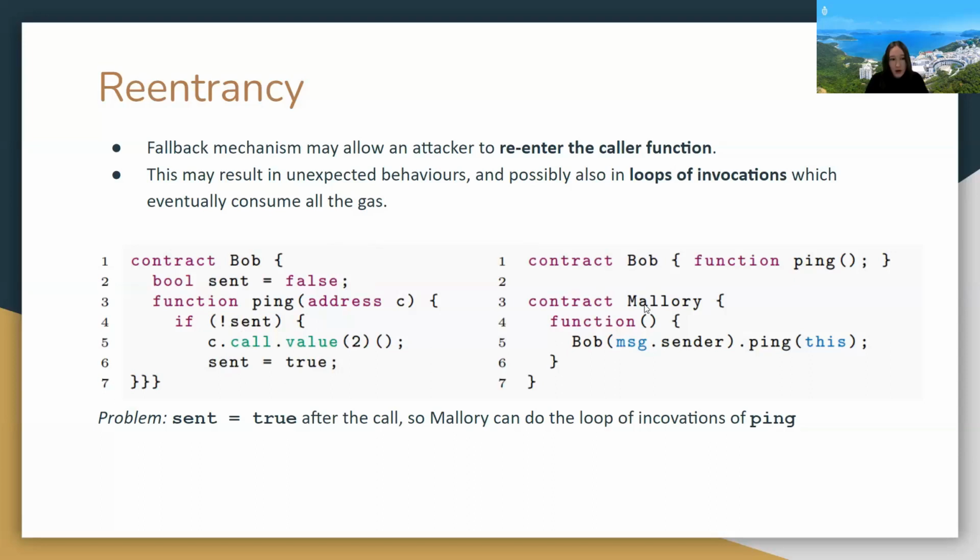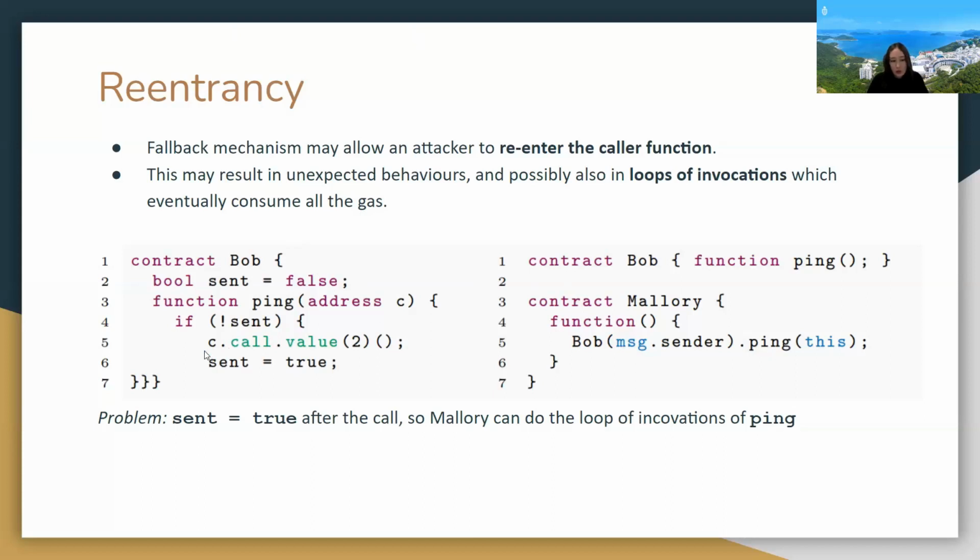And let's say we have another contract Mallory, which is a malicious contract, and the malicious contract has a fallback function which calls the ping of the contract Bob again. So here, let's see what happens.